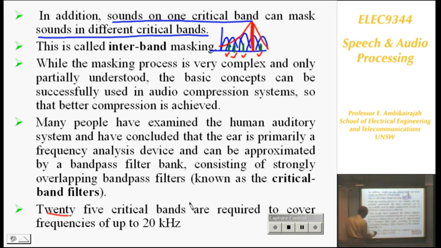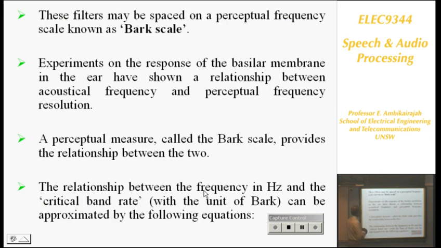There are 25 critical bands up to 20 kilohertz, and these filters are spaced on a perceptual frequency scale. Those scales have been worked out by psychoacoustic experiments, asking people to listen to particular frequencies, to find the center frequencies of these critical band filters.